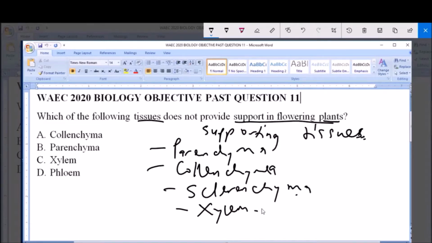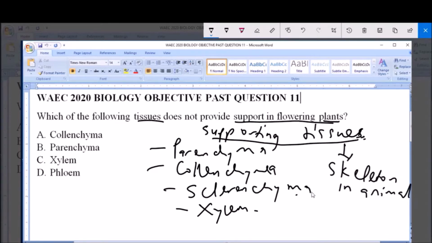So these are the four tissues that serve as support in plants, similar to the skeleton in animals. So it's a similar purpose to the skeleton in animals. Now option A, which is collenchyma, as we have rightly established, provides support. B as well, C as well.